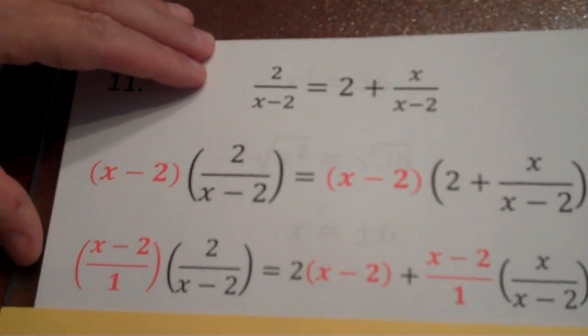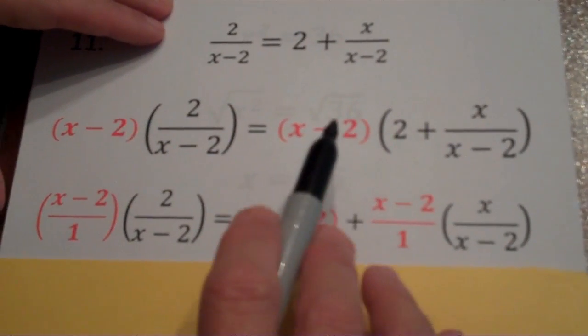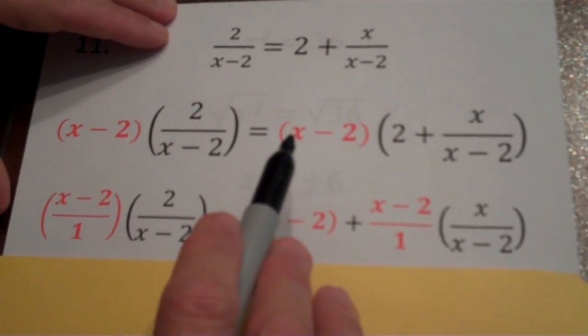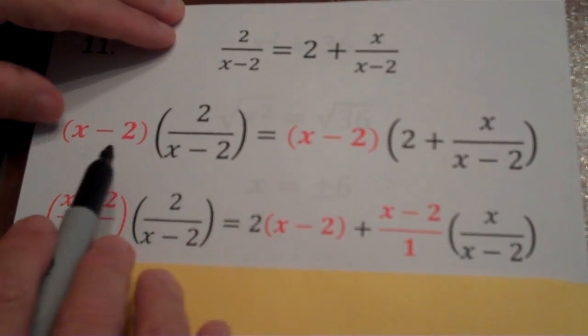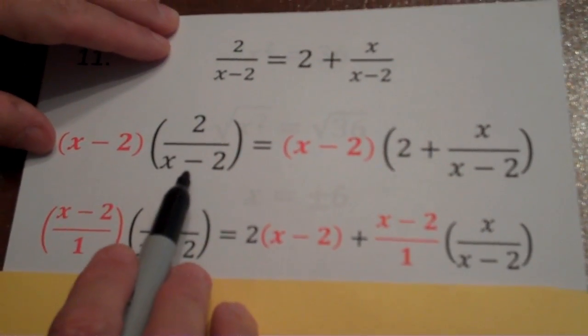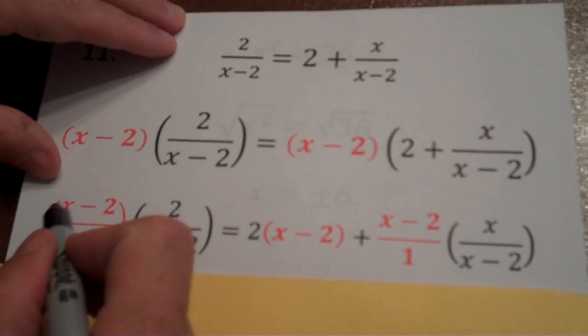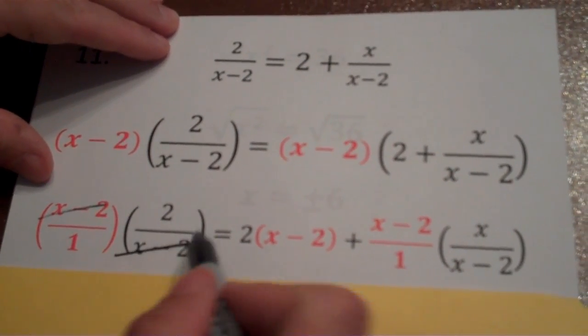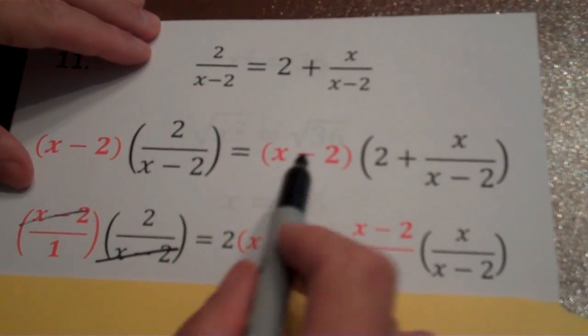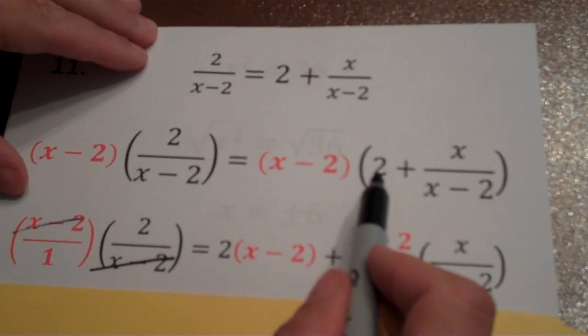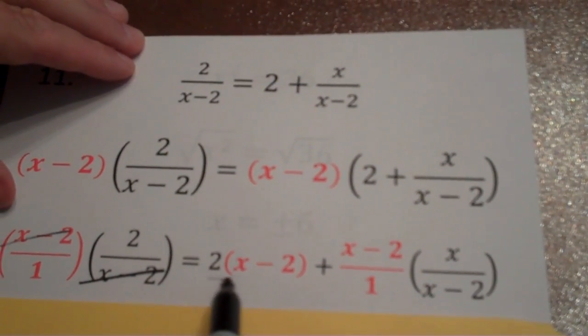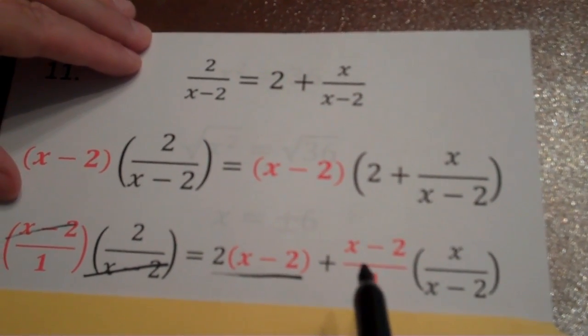Now once again, I'm going to rewrite where I'm multiplying the x minus 2 in fraction form where it's appropriate. So I take x minus 2 times this fraction. Let's go ahead and write it in fraction form so that you can see the numerator and denominator cancel. When I take my x minus 2 times my 2, I just merely write it that way, because that's easier for you.